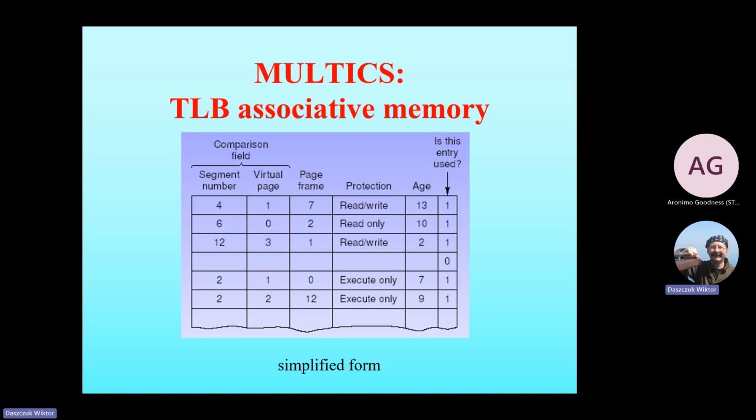And additionally, we have protection attributes. We have age, because if the record has 0 in used column, we can take it. If all have 1s, we take the one that is most old.